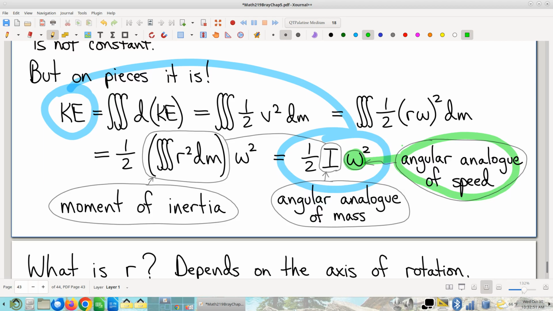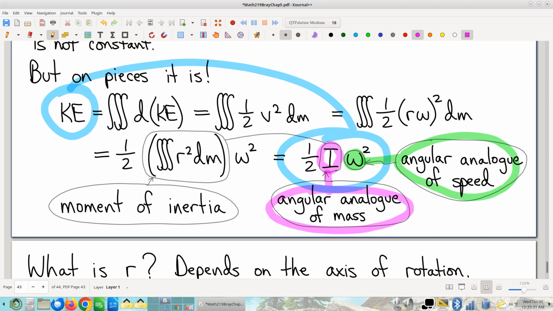So let's put it all together then. We have here an angular formula for kinetic energy that is highly analogous to the linear formula for kinetic energy in terms of its structure. This is the angular analog of v, speed. Doesn't it stand to reason then that whatever this thing is that's right there in the formula where mass would have been for the linear formula, wouldn't it be reasonable to call that the angular analog of mass?